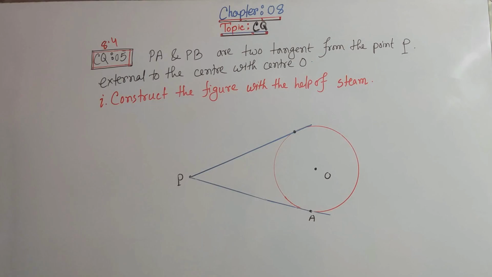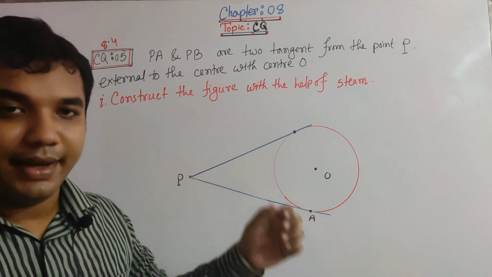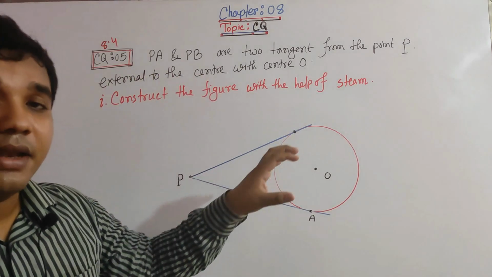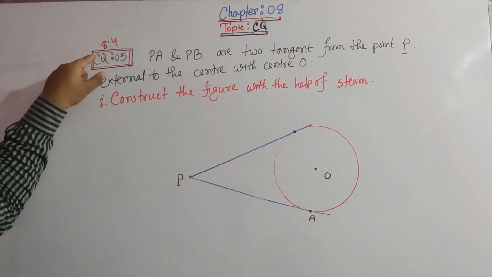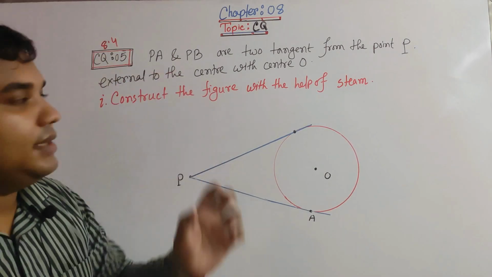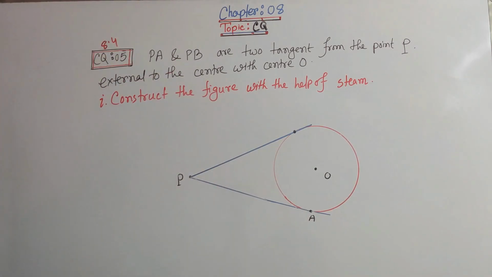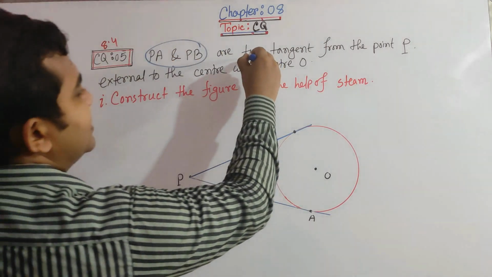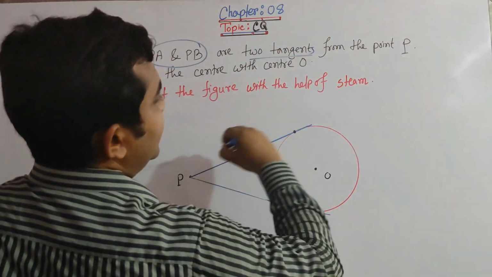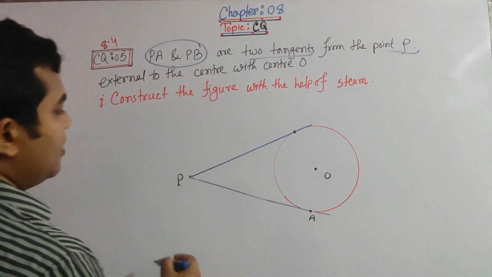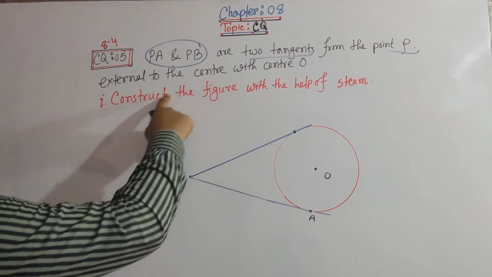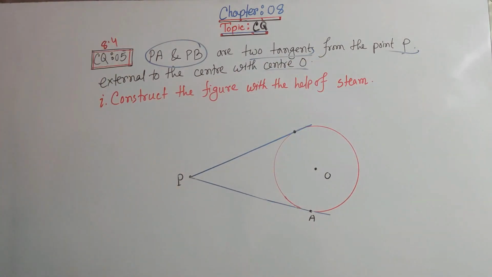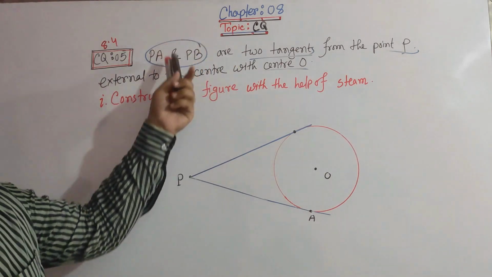Okay, dear students, this is our CQ number 2, and we are going for chapter 8.4. A theorem is given, and it says PA and PB are two tangents from the point P, external to the circle with center O. We have to draw a figure with the help of this.